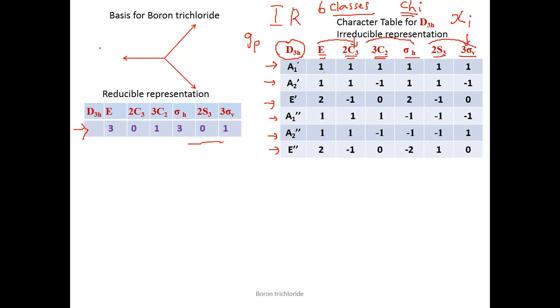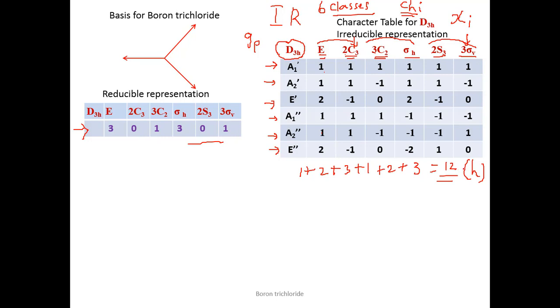If you add all the operations given here, you find 1 plus 2C3, so 2, 3C2 plus 3, sigma h, 1 sigma h plus 1, 2S3 plus 2, 3 sigma v plus 3, you get a number of 12, and that is the total number of operations which is given by the symbol h.